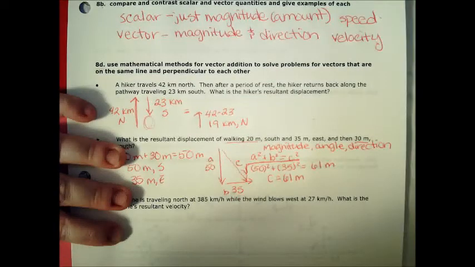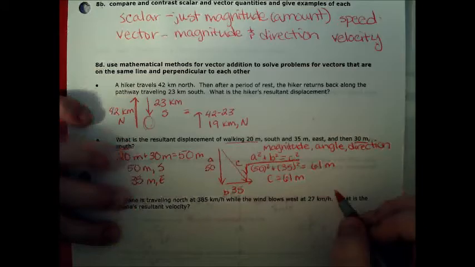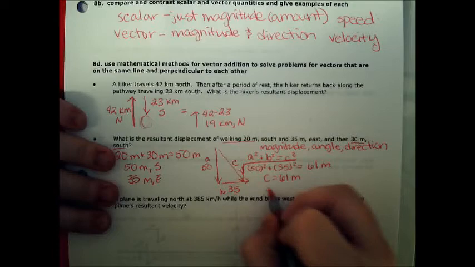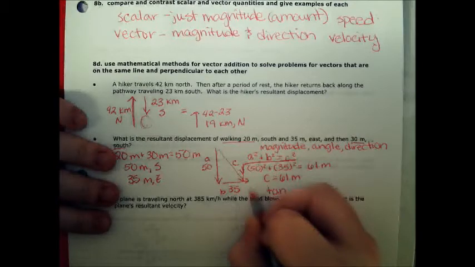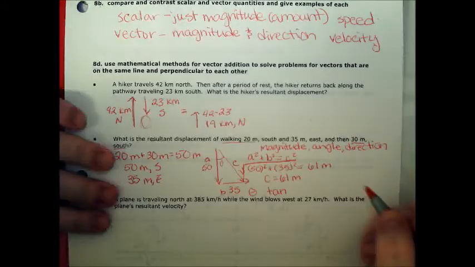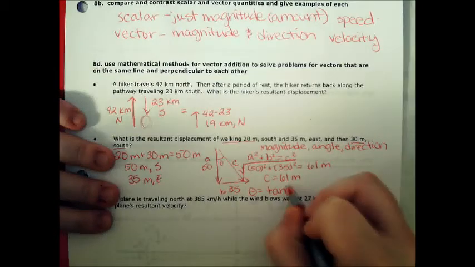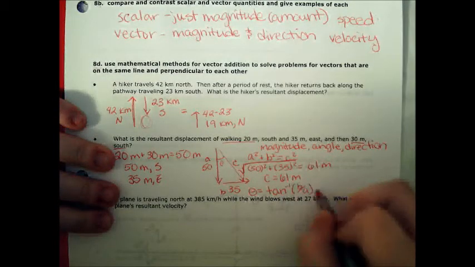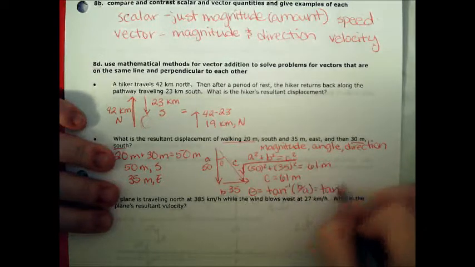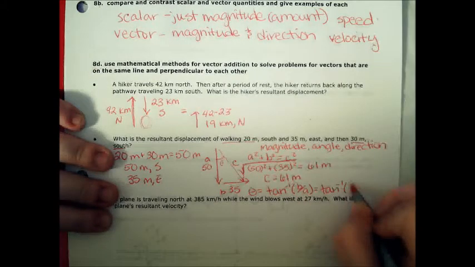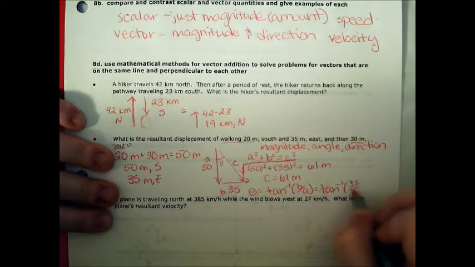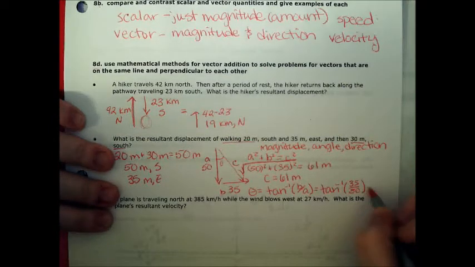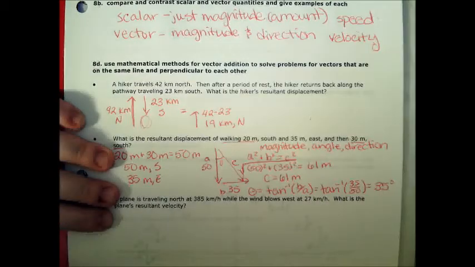Then to find the angle, you use inverse tangent. The angle, which for the record is that angle, equals the inverse tangent of b over a. In our case, that's inverse tangent of 35 over 50, which gives us 35 degrees.